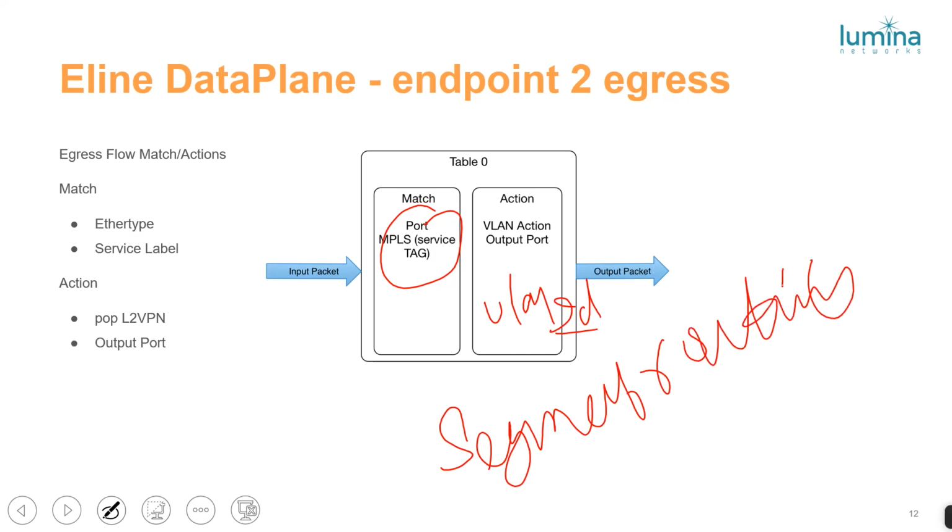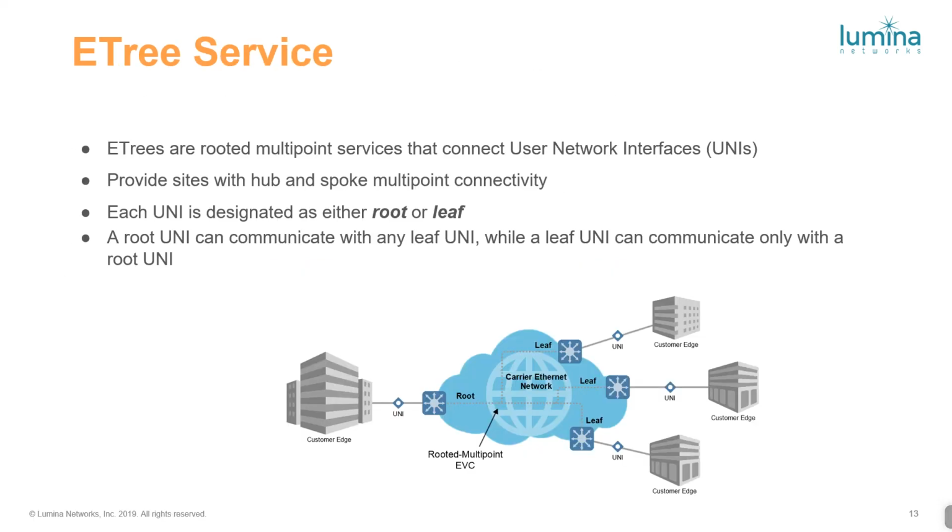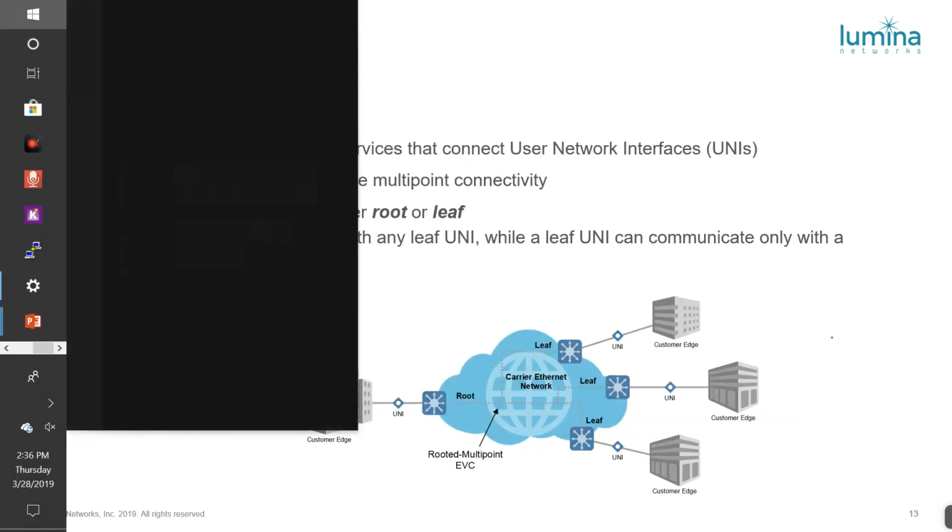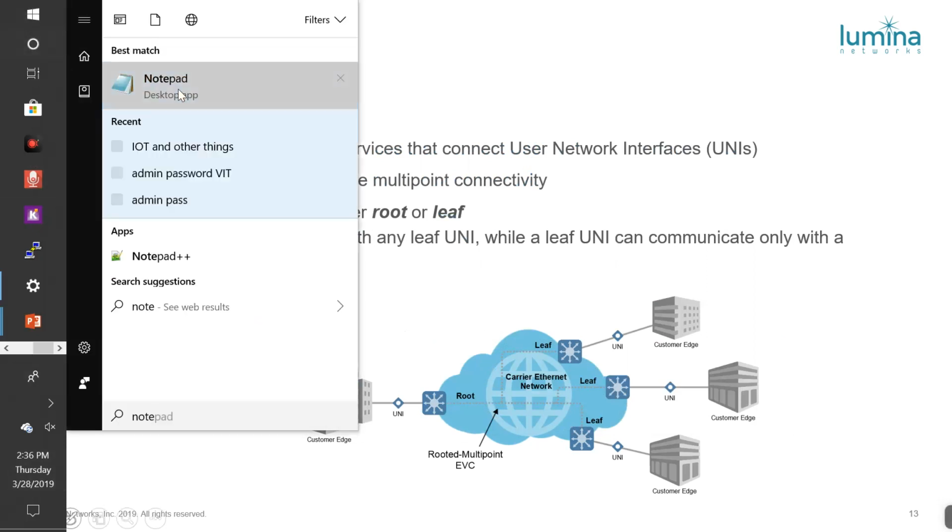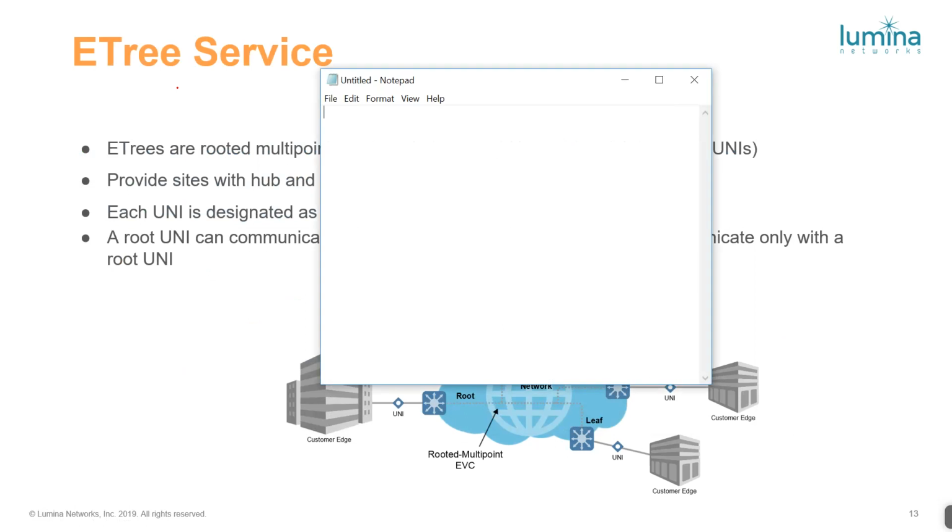I think the SID would be removed; your service tag is the one that would remain. Is it like a pop operation, then? Yes. So this is finally when you are delivering the packet to the endpoint: you pop the headers that were appended and then send it to the output port.